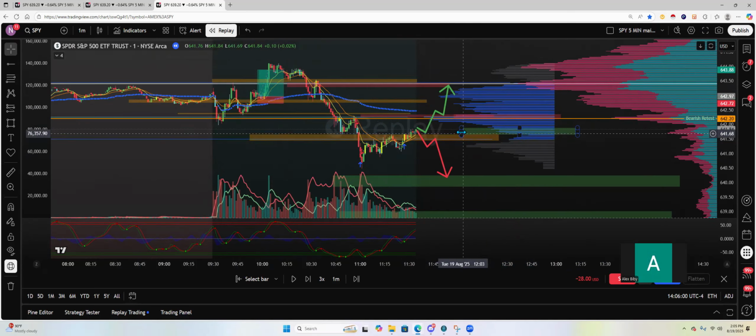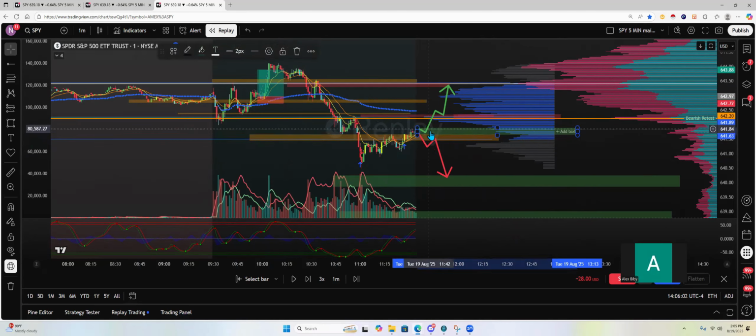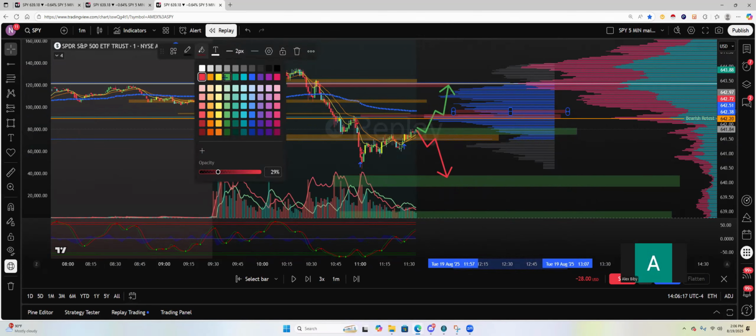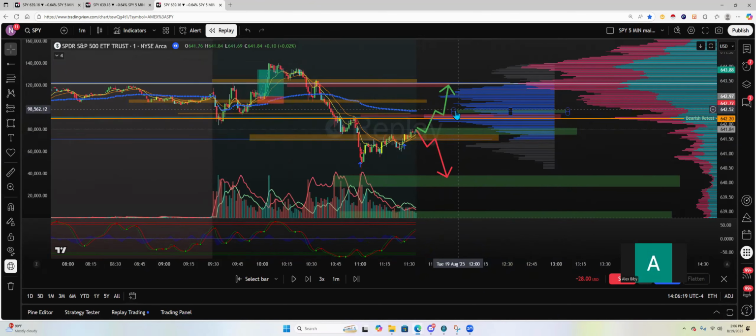So we'd want this to be supportive. We'd want this to break. And then we'd want the supportive portion of the next high volume node to act as support going through, right? So we want to see it break the resistance of the nodes to the upside and find support at the bottom of these volume nodes for a further move up.